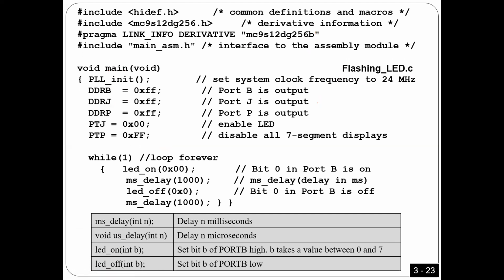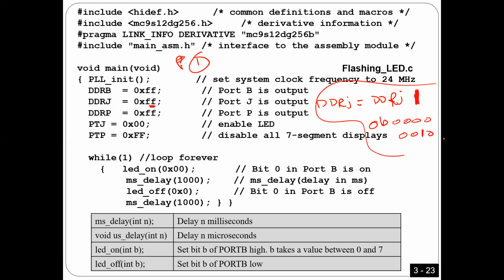I can say DDRJ is equal to DDRJ, and then I want to set bit number 1. I told you before, if you want to set, you have to use the OR operation. So I can use OR, and then I can say 0b, which is a binary number, 0000 0010. If you write this instruction this way, you can configure only one bit.